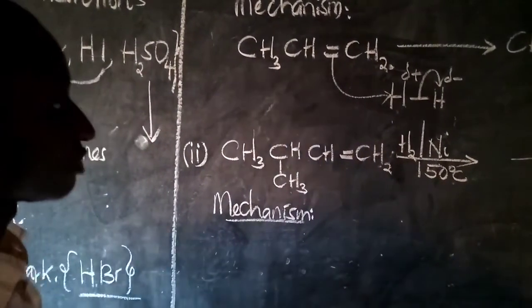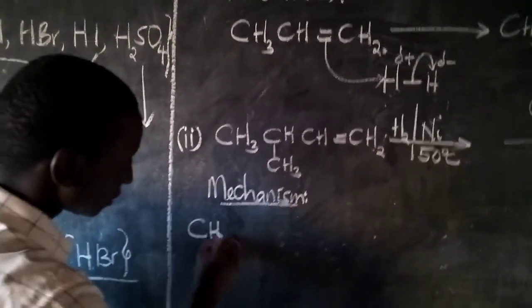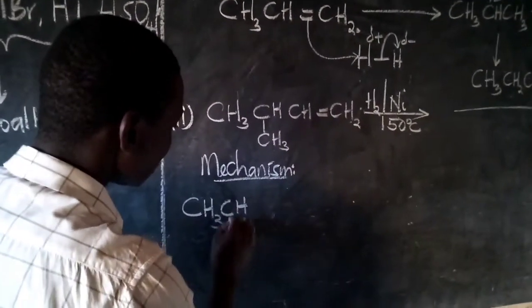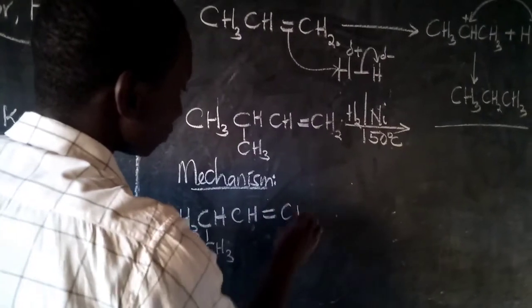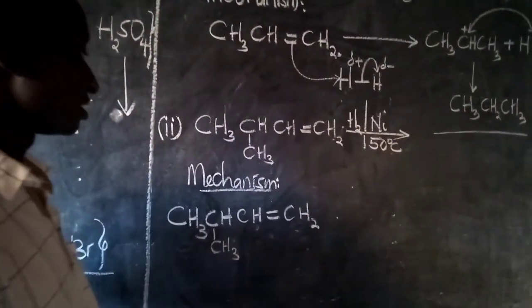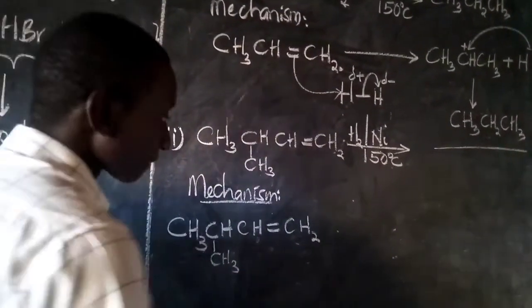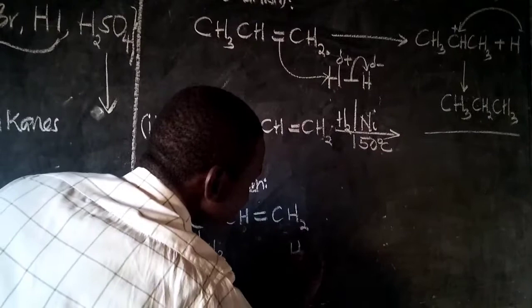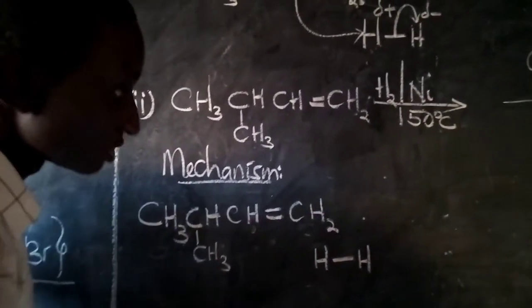In the mechanism, we call what initiates the reaction. First, outline our reactant: CH3, CH3, CH double bond, and then CH2. Recall, we will say this is the 3-methyl butene. So initiation of the reaction comes by the approach of the hydrogen molecule towards this double bond.